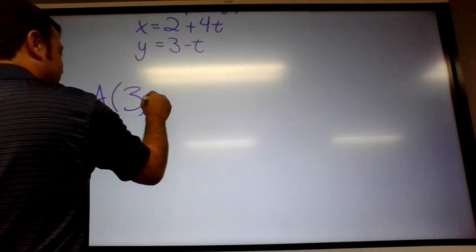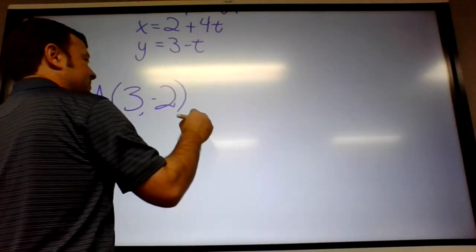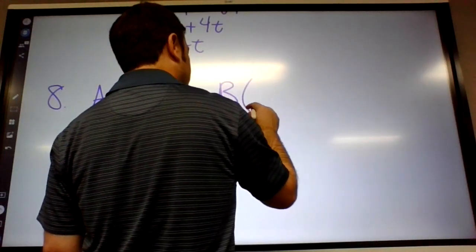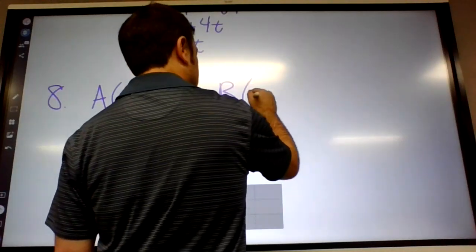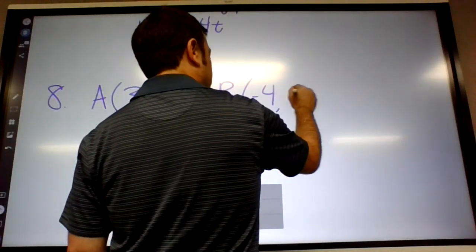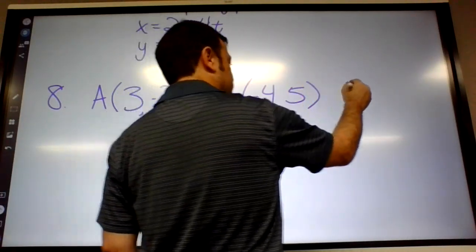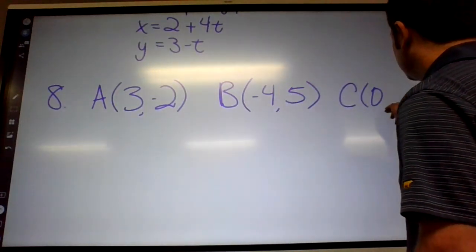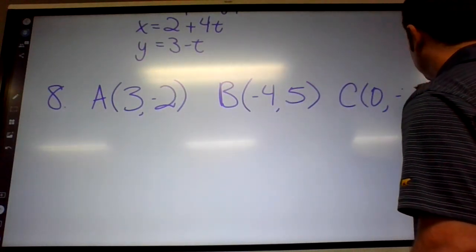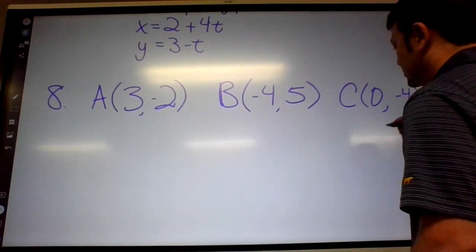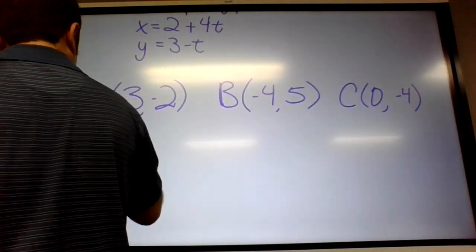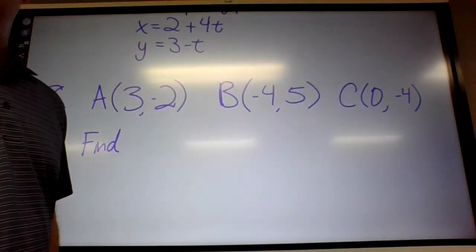I'm sure most of you will get this right. I'm afraid some of us will miss it, but it's not super bad. Let's do 0 and negative 4 or something.